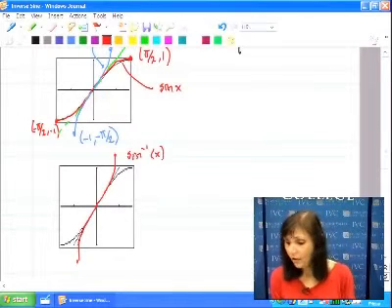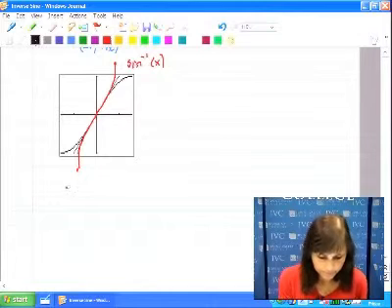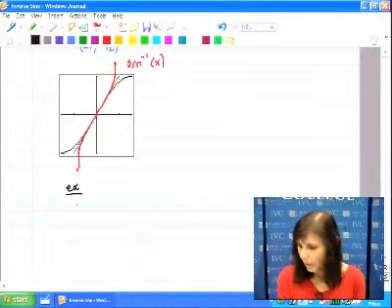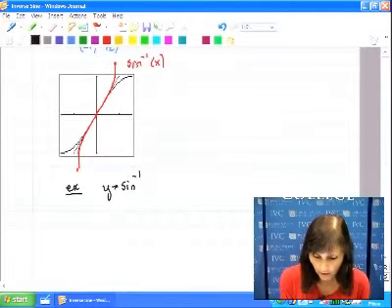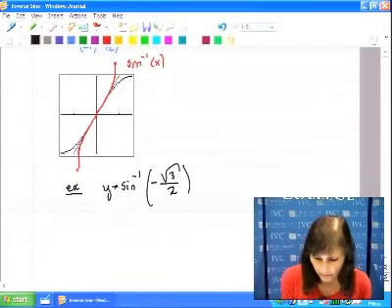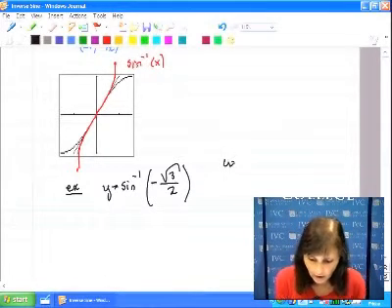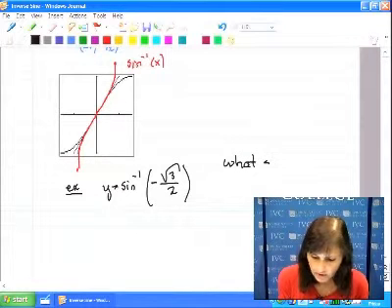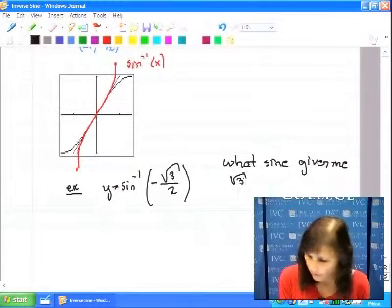Now, let's do some exercises. What is sine inverse of negative rad 3 over 2? You're going to start with what sine gives me rad 3 over 2.